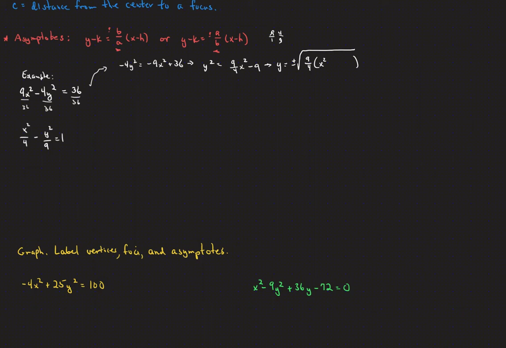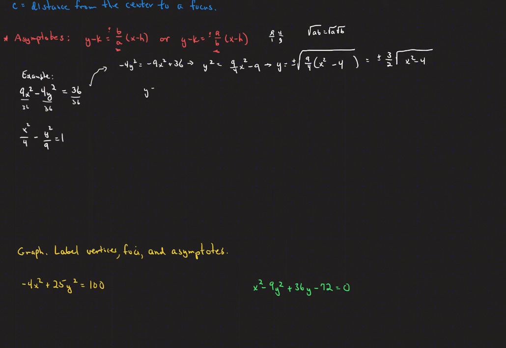And so that's going to leave us with a minus 4. Now the square root of two things that are being multiplied, we can write as the square root of their product. So I'm going to pull that 9 fourths out. So that's going to be a plus or minus. The square root of 9 fourths is 3 halves. And then we have the x squared minus 4.